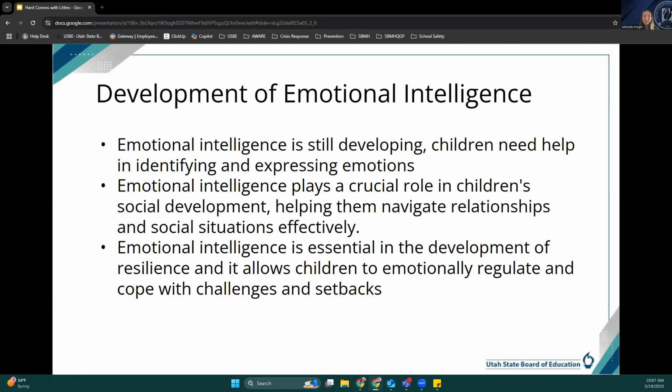Emotional intelligence is also still developing in children, and they need guidance from adults to help them identify and sometimes express their emotions. It plays a crucial role in their social development, enabling them to navigate relationships and social situations. Additionally, emotional intelligence is essential for building resilience, as it allows children to emotionally regulate and cope with challenges and setbacks.